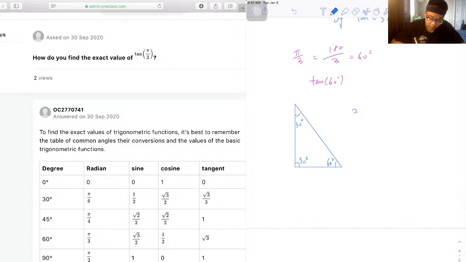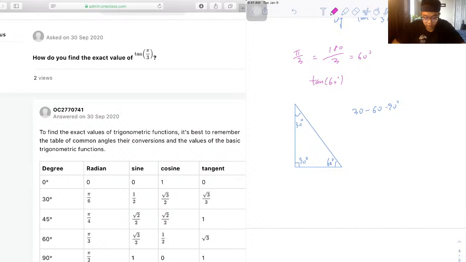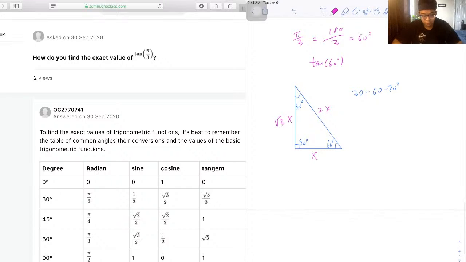And I think this is what we call the 30-60-90 special right triangle. It has the following special property regarding the side lengths, which are x, root 3x, and 2x. Yeah, so that's a ratio.